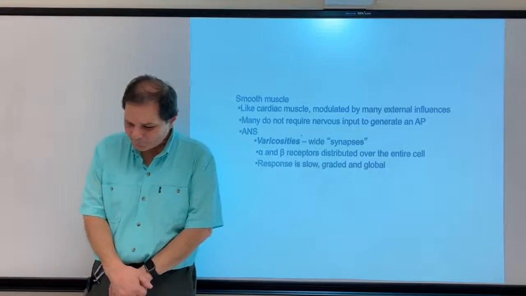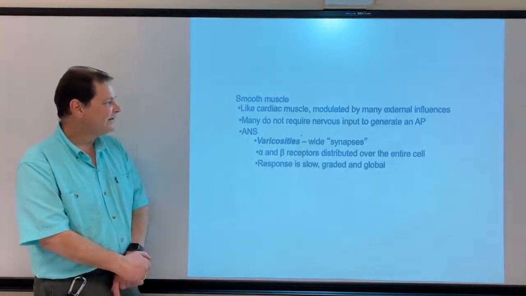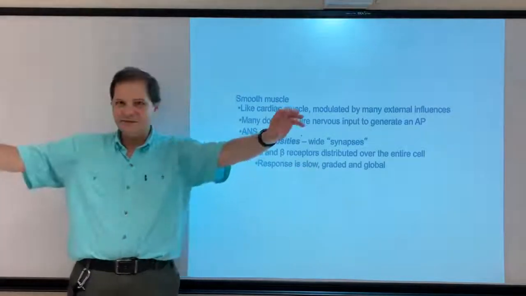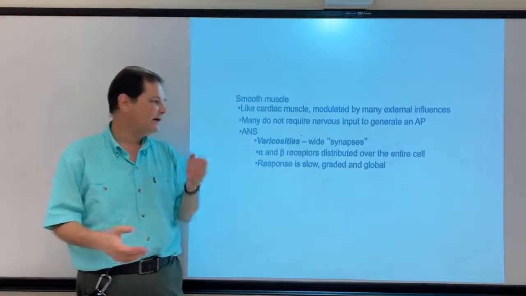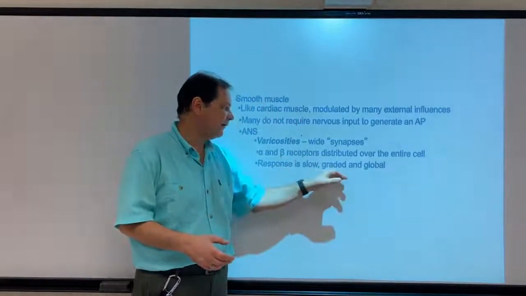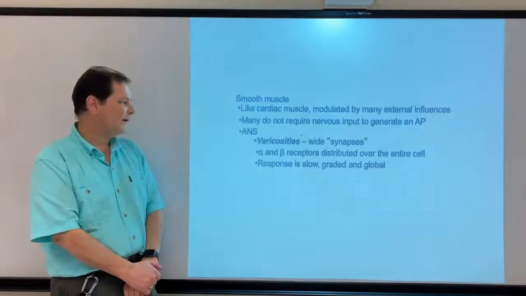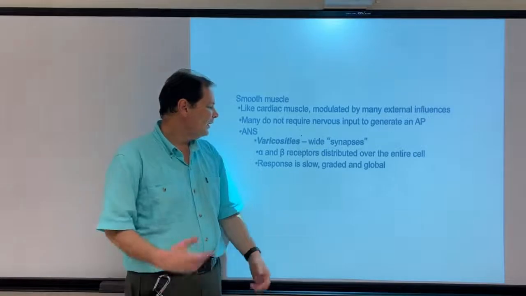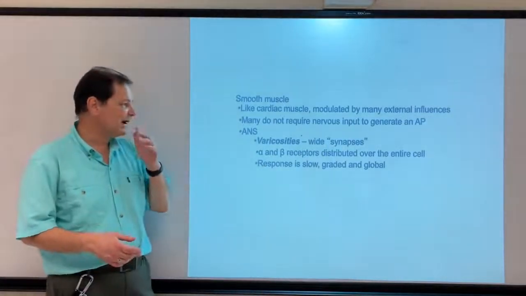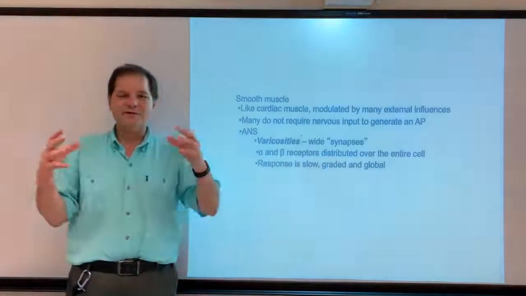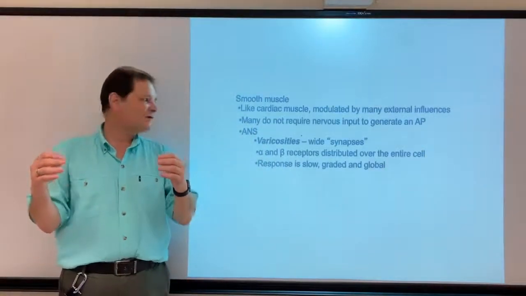And the response to these neurotransmitters is very slow because diffusion takes place slowly, and it's relatively graded, and it's global because the receptors are everywhere. Okay, so we end up with a slow, if it's a smooth muscle type that actually contracts in response to these neurotransmitters, you get a slow contraction.